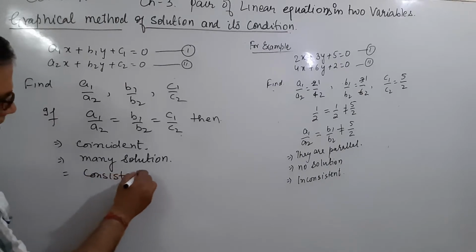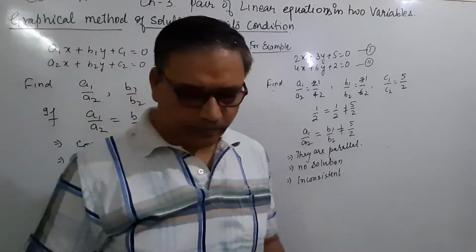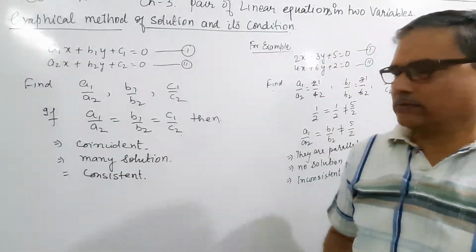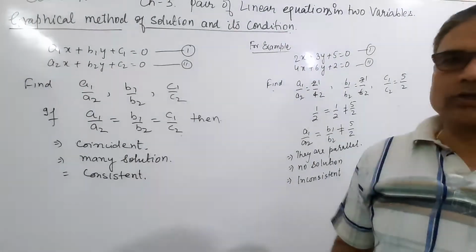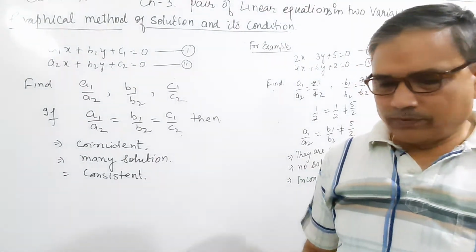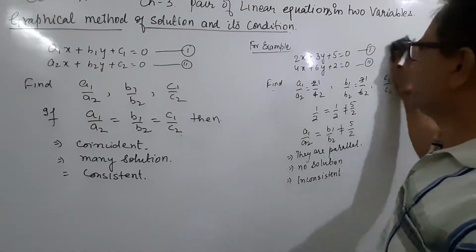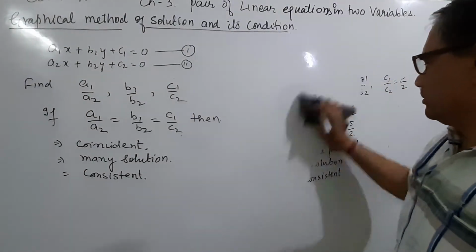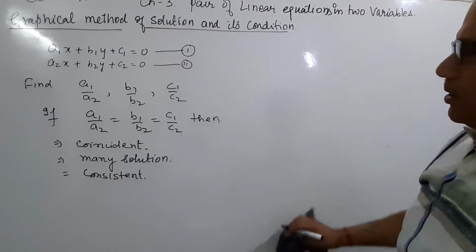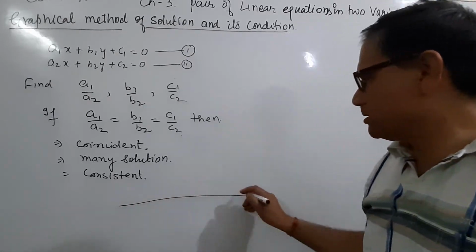Why is it consistent? Because it has many solutions. If we draw the graph for this, what will happen? Now, graph, I think you have done in 9th class also.